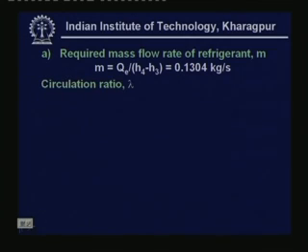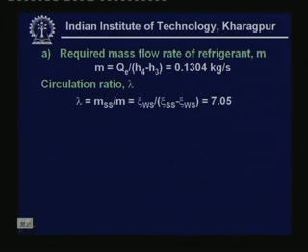Then circulation ratio, because we have to find out the mass flow rates of strong and weak solutions. So, first let us find the circulation ratio. Circulation ratio, as you know, is defined as the ratio of strong solution flow rate divided by the refrigerant flow rate, okay.